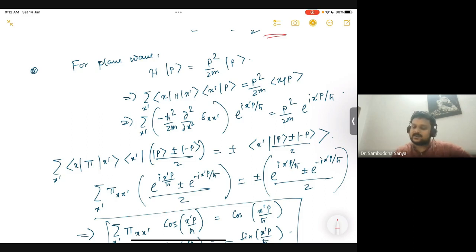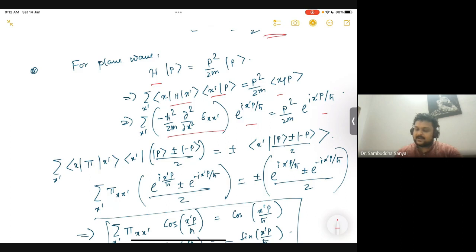So here I show it. This is my eigenvalue equation for momentum, and here it is in matrix form. I expand it in the x basis. So this is my matrix operator, the Hamiltonian operator, acting on this plane wave solution. We know this is the plane wave solution, of course.